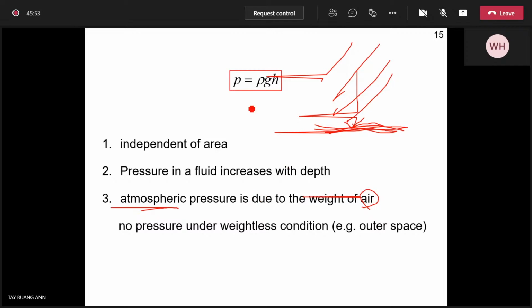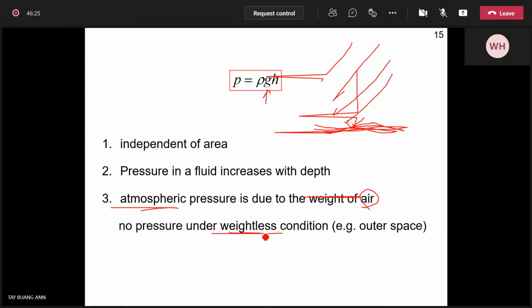Okay, and you can see that also from this expression, rho gh. g is gravitational acceleration. Why? Because gravity pulls the mass down, causing it to have weight. So if you go to a weightless condition, for example, outer space, when you have a space shuttle or a satellite revolving around the Earth, the things inside will be under a weightless condition.